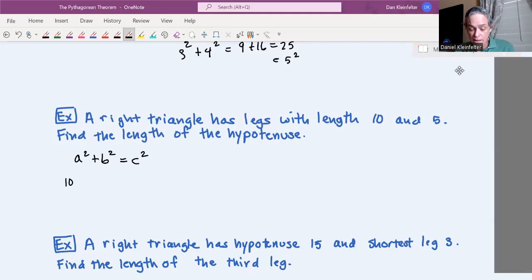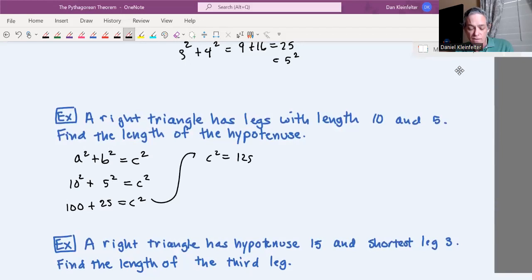So here the two lengths are 10 and 5. So we will have 10 squared plus 5 squared equals C squared. So 100 plus 25 is our C squared. So then C squared is 125.